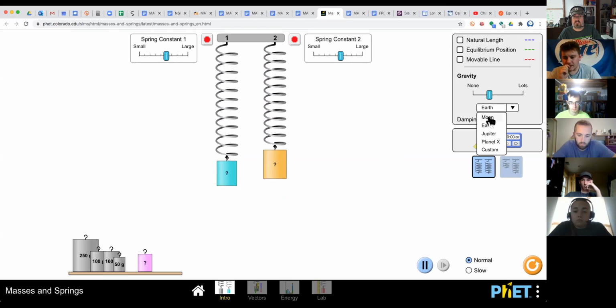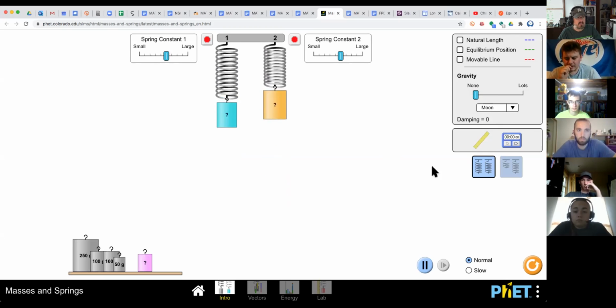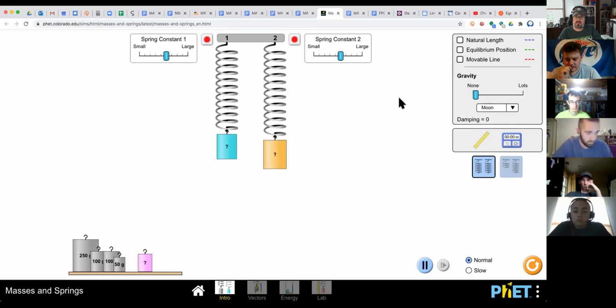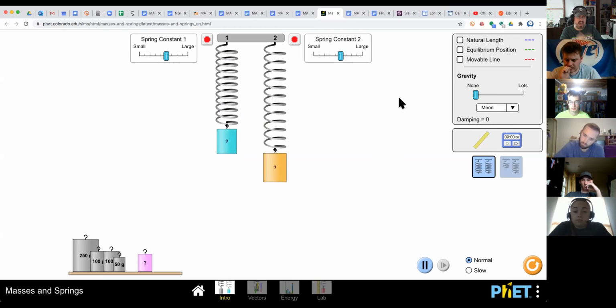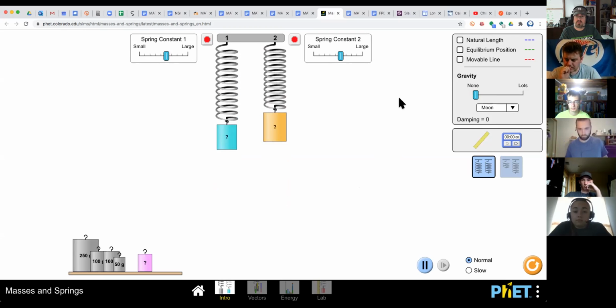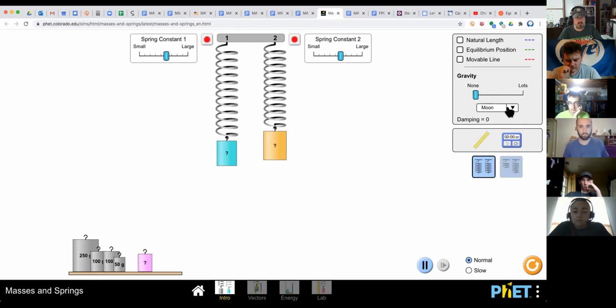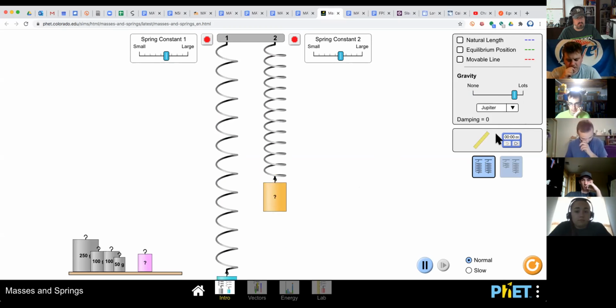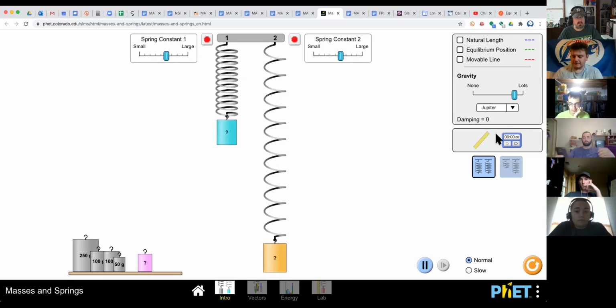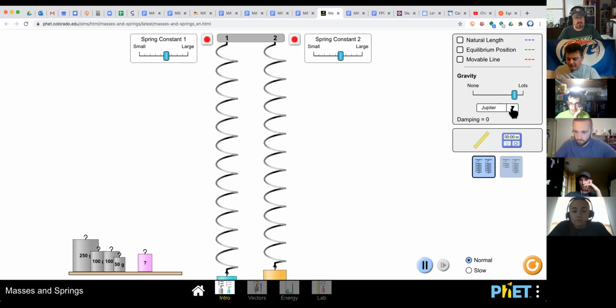If you wanted to see what these springs would look like on the moon, this is how they would behave. Same mass, same spring, but because the gravitational force is less, they behave a little differently. It's basically no gravity. If we go to Jupiter, higher gravity, more extreme motion.